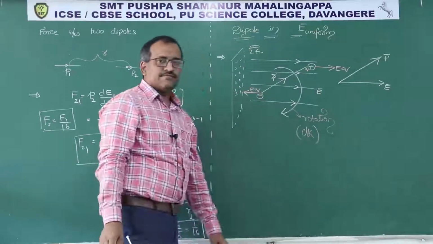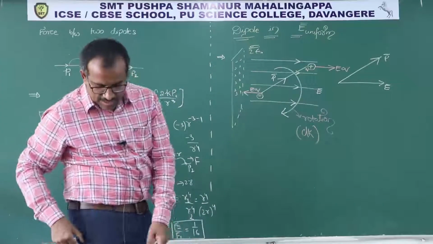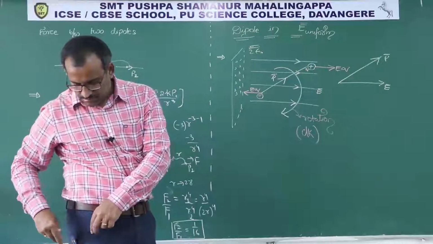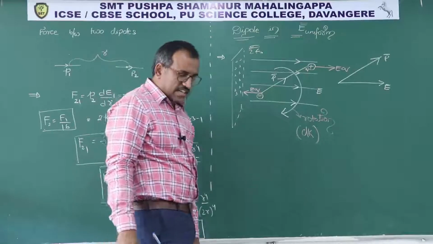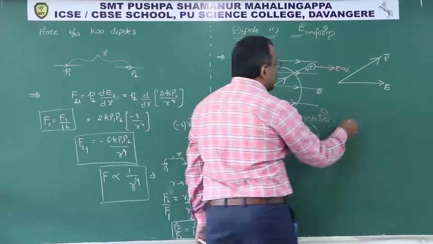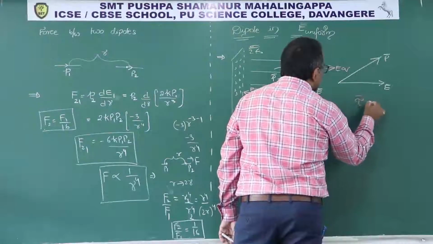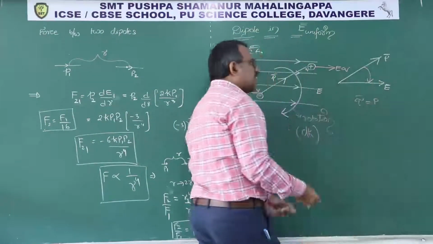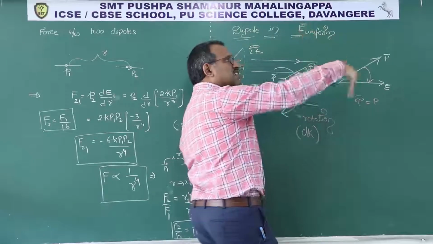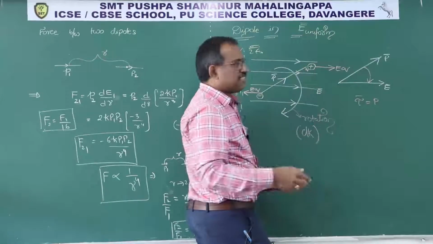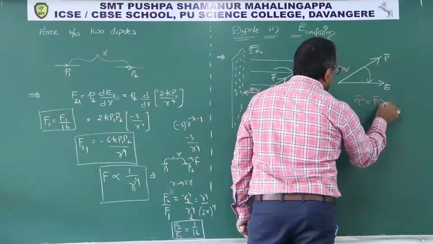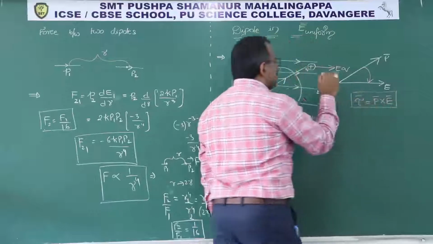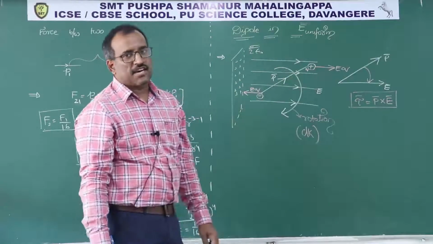Clock. Clear? So when it is clockwise, torque I have to write. I had to start from P and I had to turn towards E. No more question. So this will be P bar cross E bar. It was not E bar cross P bar, mind it. It is P bar cross E bar.